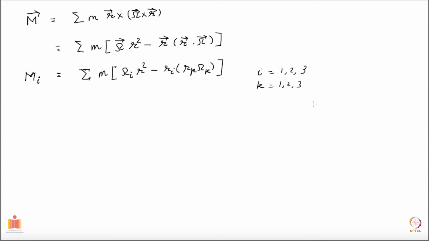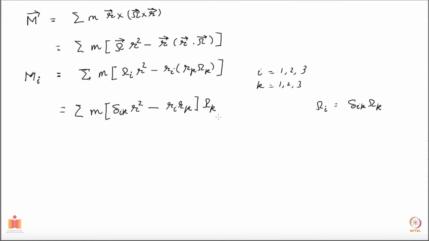Now I will write down omega_i as delta_ik omega_k. I'm doing so because then I can pull out omega_k, because this one has omega_k. So this I get as m delta_ik r square minus r_i r_k times omega_k.